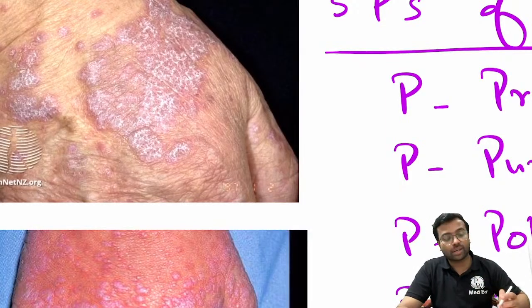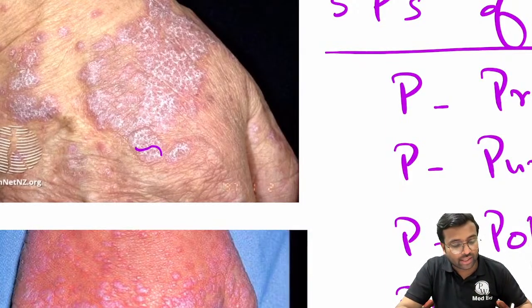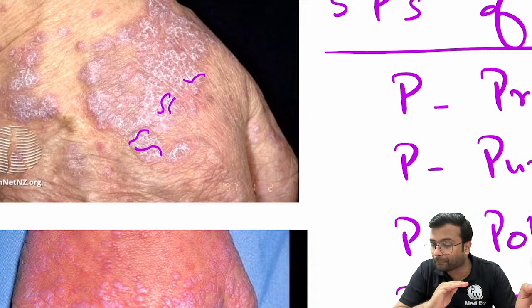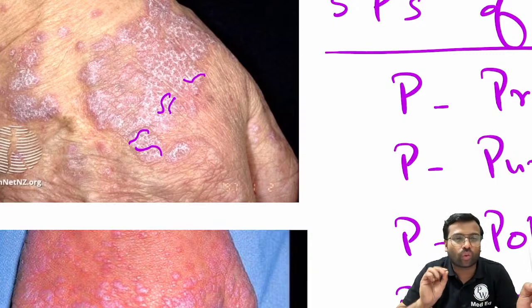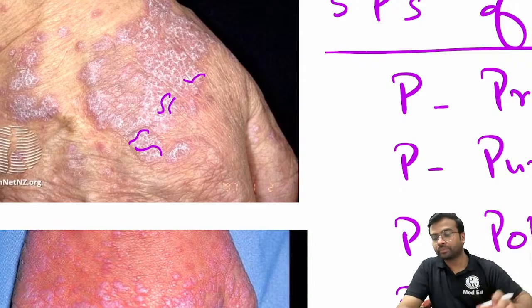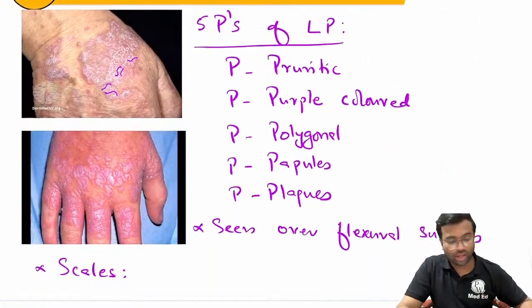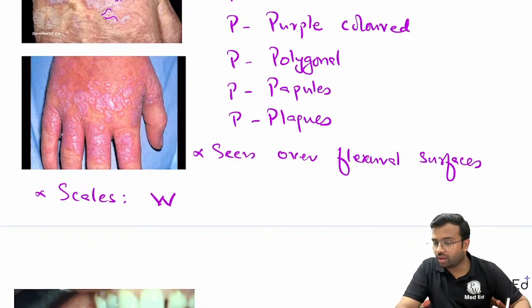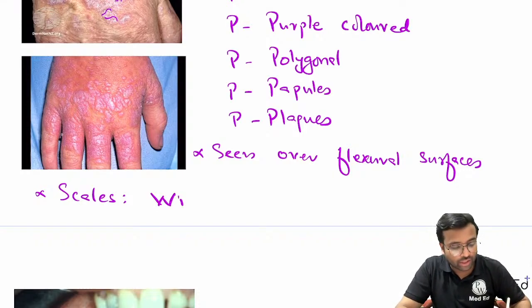Just see this image and you can see that there are some whitish lines over these lesions. So what do you call these whitish lines or white lacy pattern that you can see over these lesions? Anyone? This has a typical name, and this name starts with W. I guess you must have heard about it. This is called Wickham's striae.